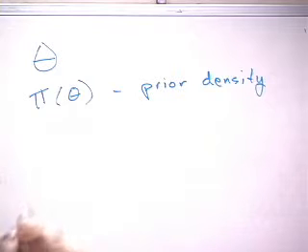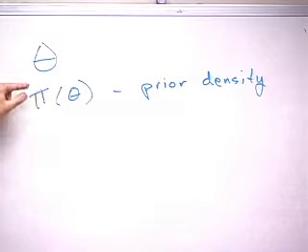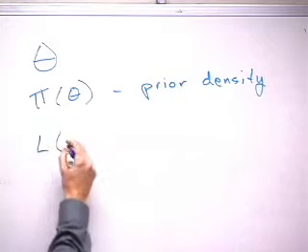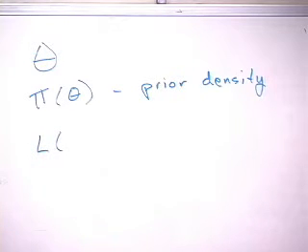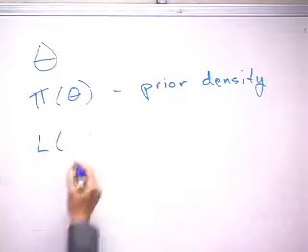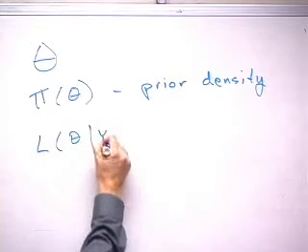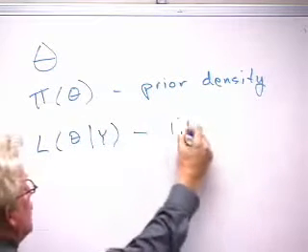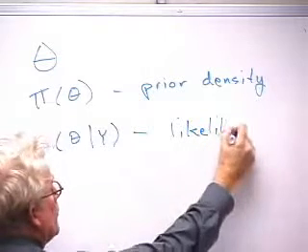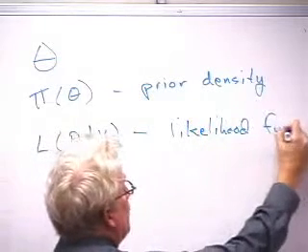Then what you do is you observe a sample, you observe data that reveals something, supposedly, or that depends on these parameters. And from that, you can calculate the likelihood of the parameters given the data, which is the likelihood function. We're all familiar with that.